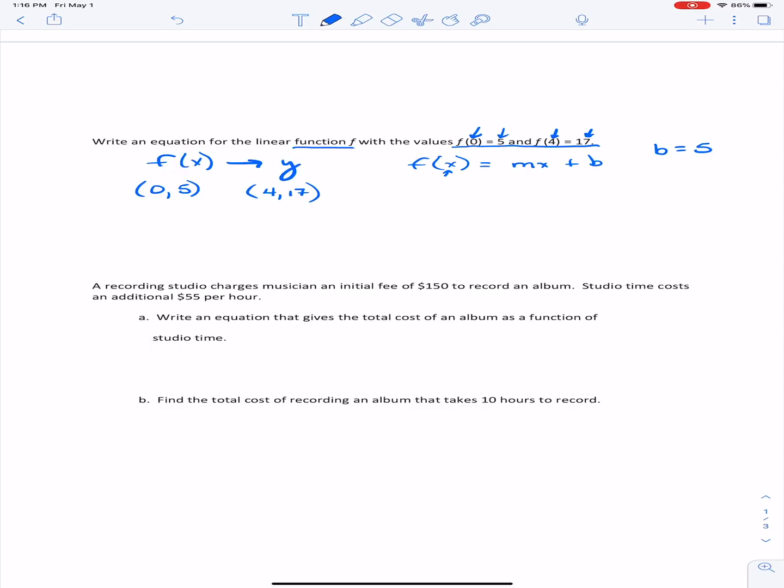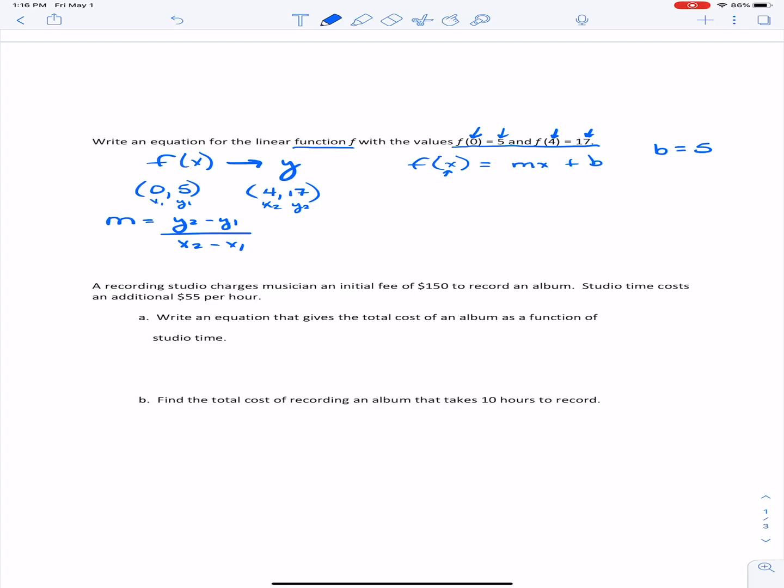Our slope equation is m equals y2 minus y1 over x2 minus x1. Okay? And if we remember, this is x1, our first x, and our first y. This is our second x and our second y. And so we now can find our slope and then write our equation.